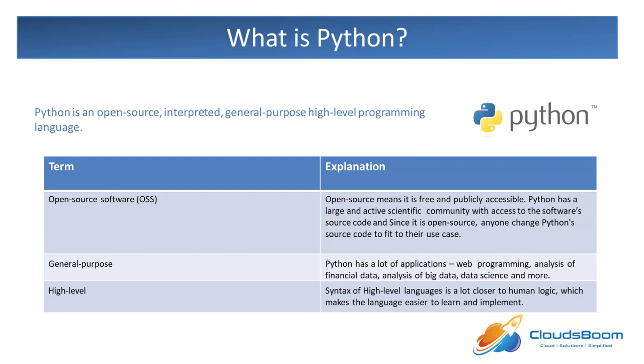It's a high level programming language, which means the syntax is very much human readable. Python is also called an interpreted programming language, meaning it directly executes instructions written in a programming language without previously converting them to an object code.